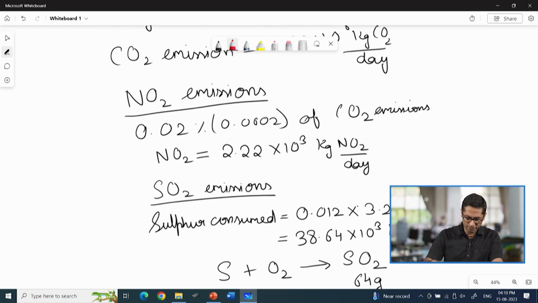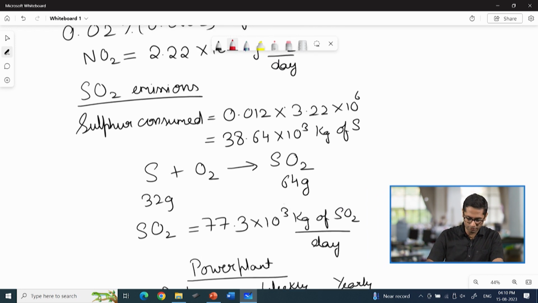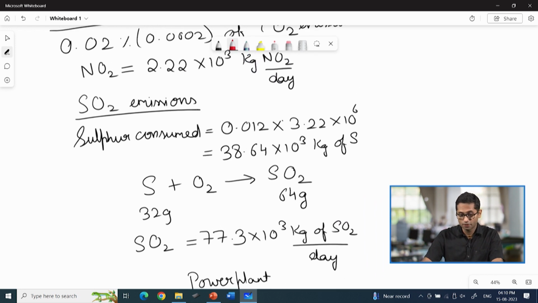Further, we also estimated the SO2 emissions as 0.012 into 3.22 into 10 to the power 6. 0.012 refers to the 1.2% sulfur in the coal, and 3.22 into 10 to the power 6 is the amount of coal being used on a daily basis.